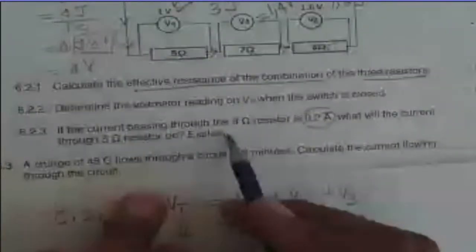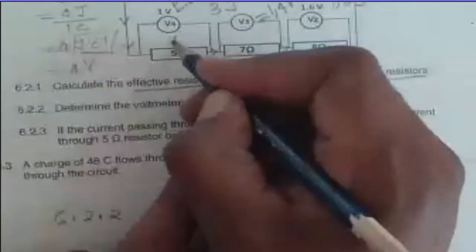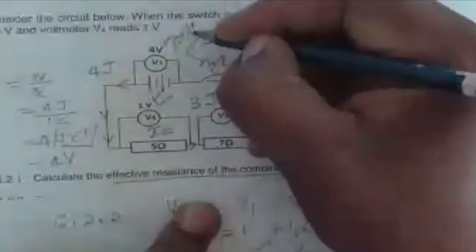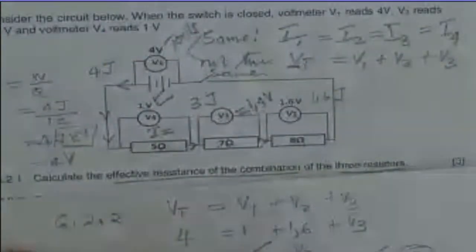And explain that one. So they want the current passing there. All right, now let me go back to my tools because these are not the formulas being given.